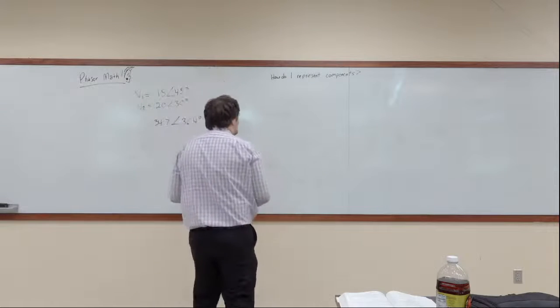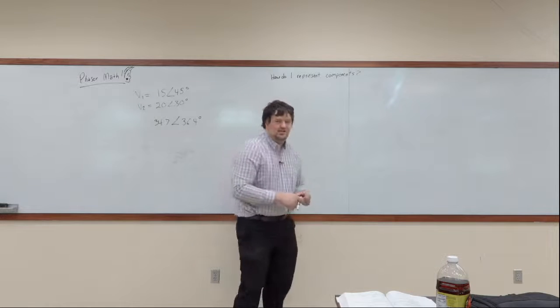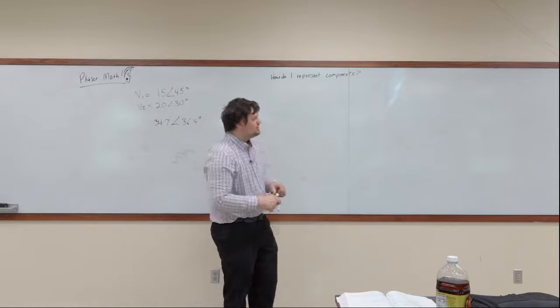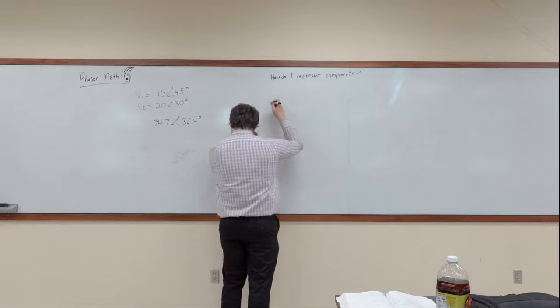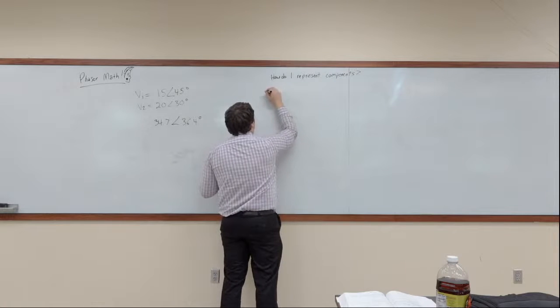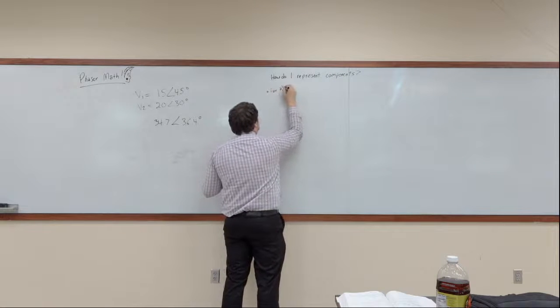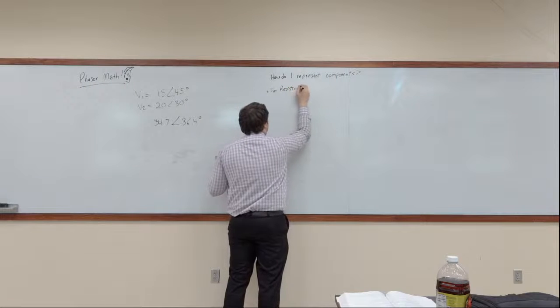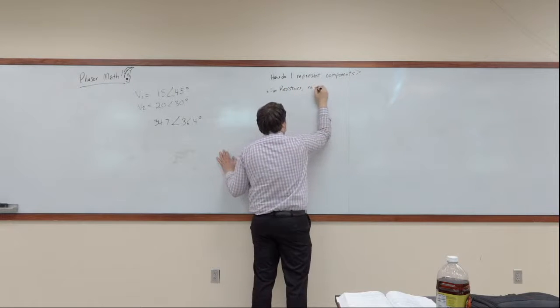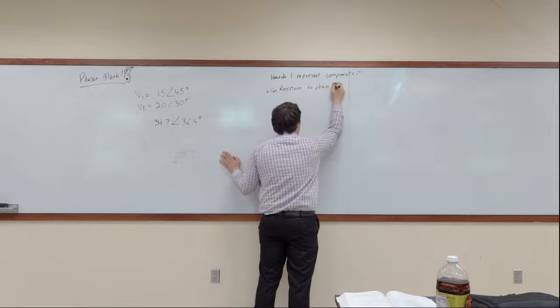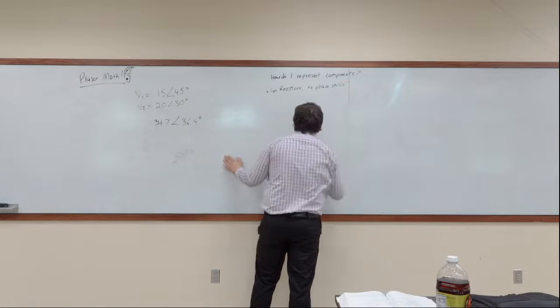Anyways, so how are we going to represent components so that we can add them together? Well, as we talked about earlier, for resistors, there is no phase shift. Okay?